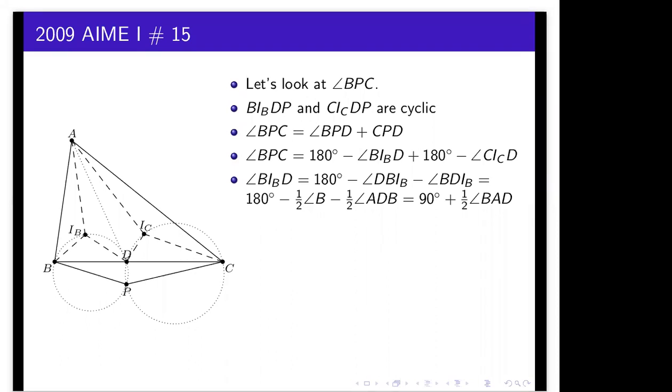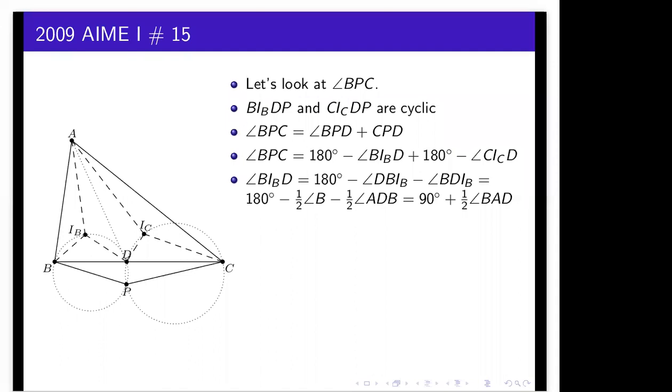Since the three angles in a triangle add up to 180, we have angle B plus angle ADB plus angle BAD is 180. So if we multiply that by 1/2 and subtract, this is equal to 90 plus 1/2 times angle BAD.